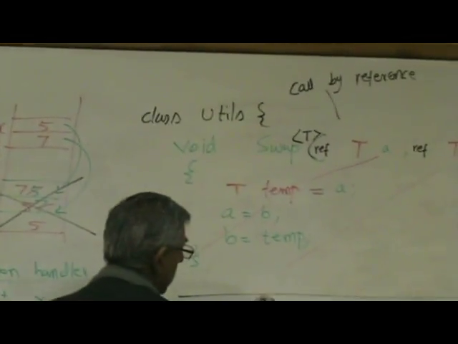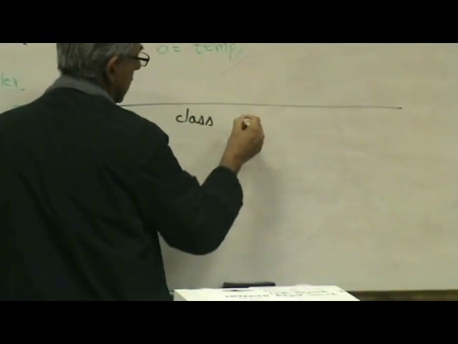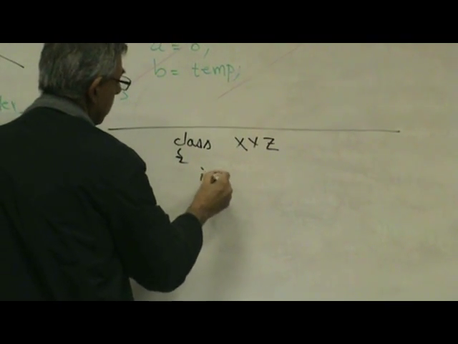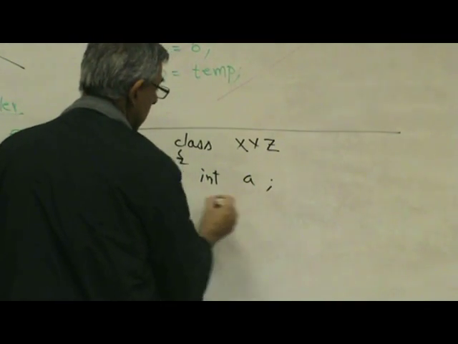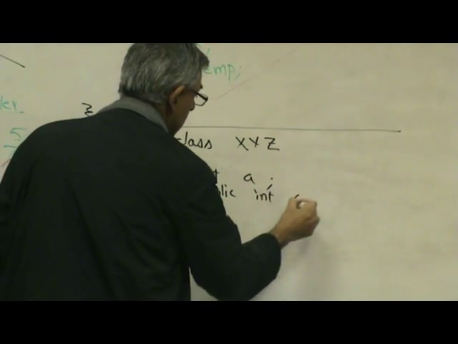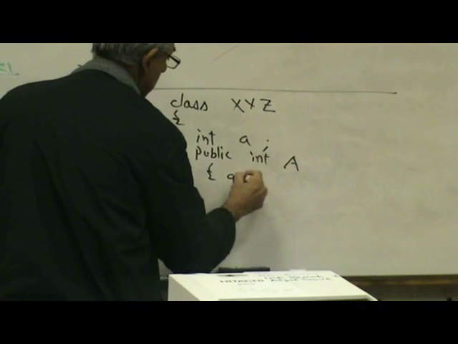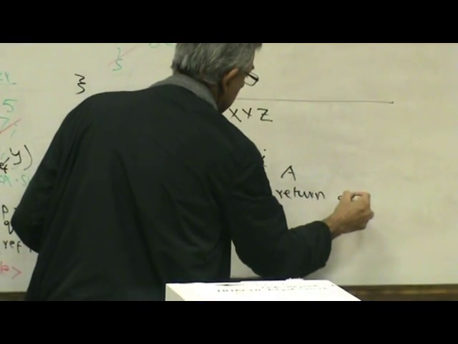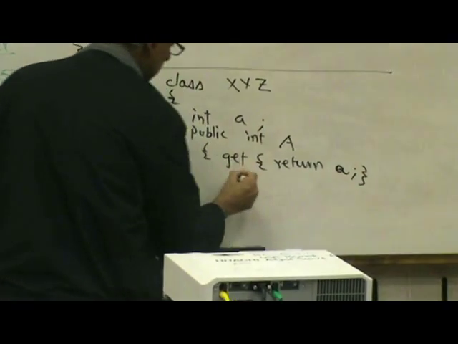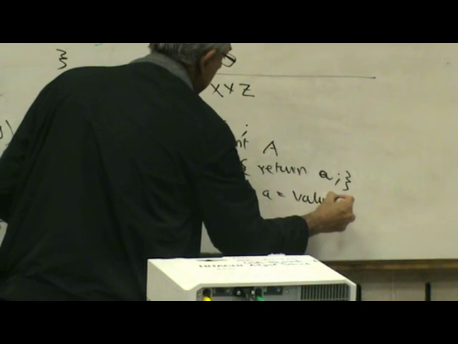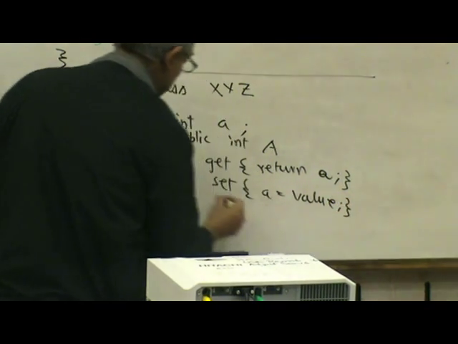Okay, suppose you created some class XYZ, okay? Suppose one of the data types is int A, then you wrote public int A, get, return A, set, A equal to value, right?